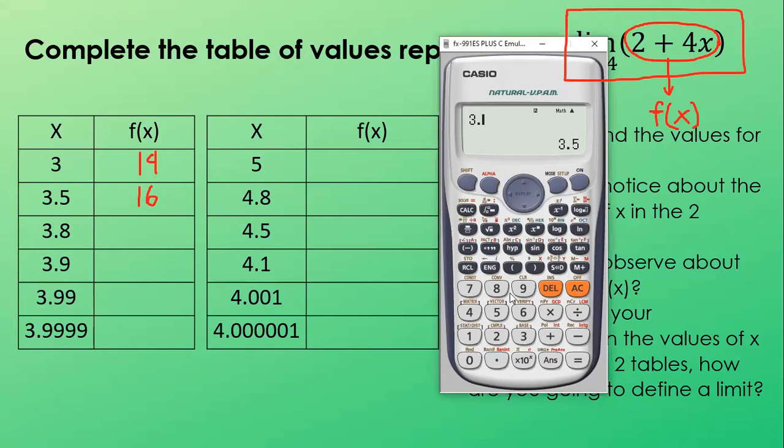If 3.8, that will give us 17.2. If x is 3.9, the value of f of x is 17.6.